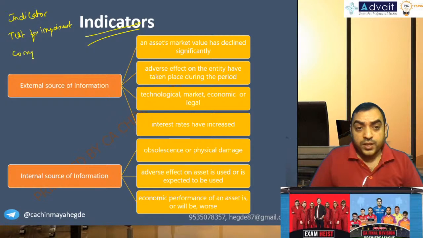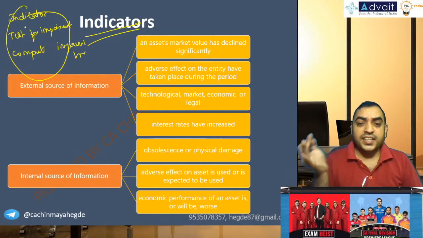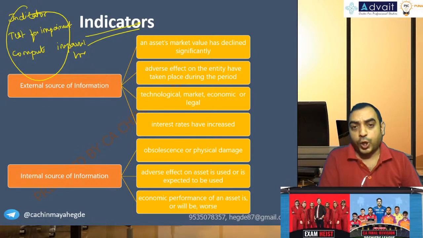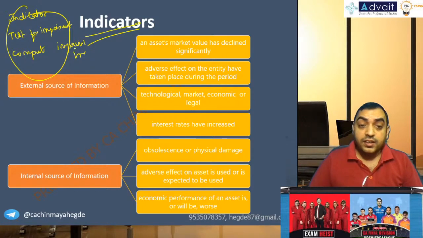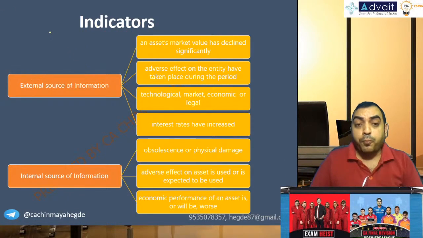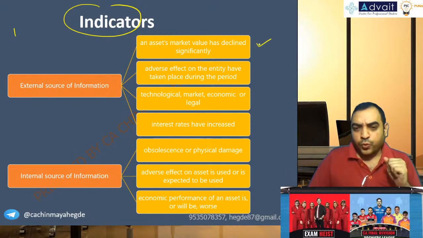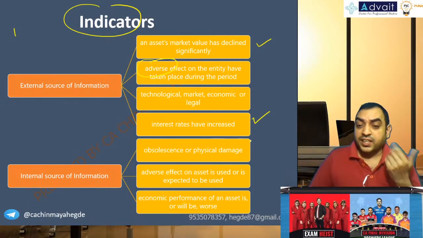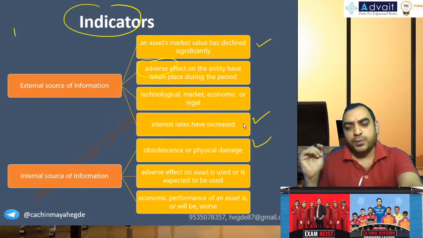Then you compute the impairment loss. First you check whether there is any indicator, whether something happened or not. If there is an indicator, then you go for computation of impairment loss, then you account. So the important word is there has to be an indicator. Indicators may be market value reduced, adverse effect taken place, coronavirus situation, lockdown effect, interest rates have increased, obsolescence; any of these things may be considered.